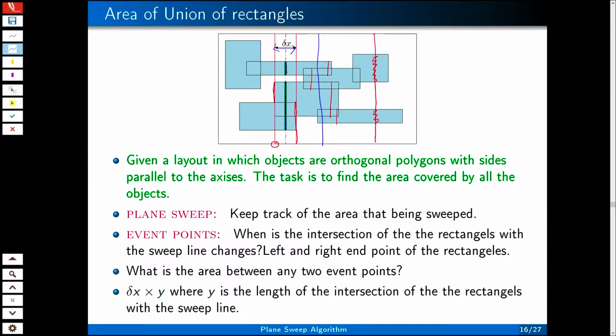Is it clear? So this is my say y1, this length, this is my y2. So total area covered is delta x into y1 plus delta x into y2, that equals delta x into y1 plus y2. And between two consecutive event points, this y remains fixed.